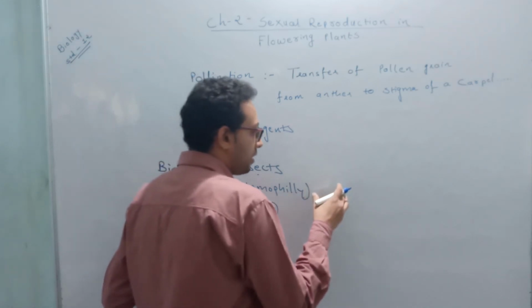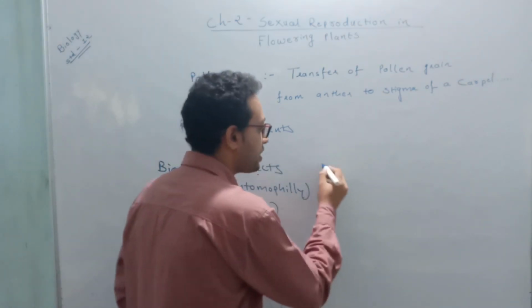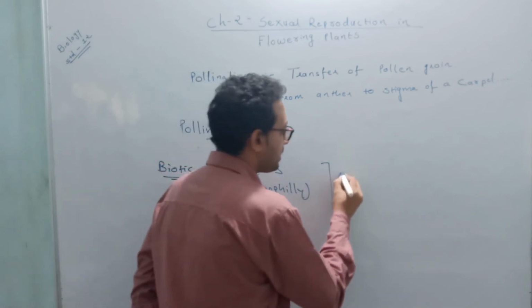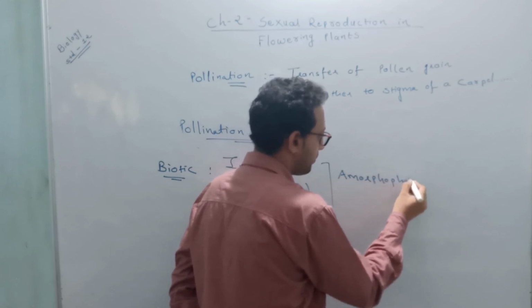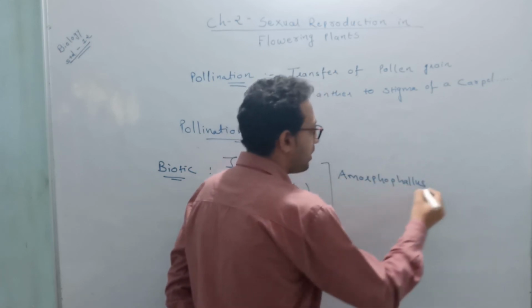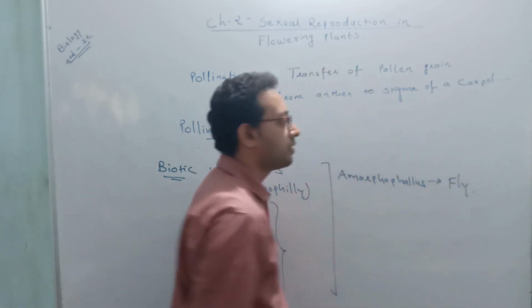You have to remember two examples of plants which are pollinated by insects. First is Amorphophallus. This Amorphophallus is pollinated by flies.